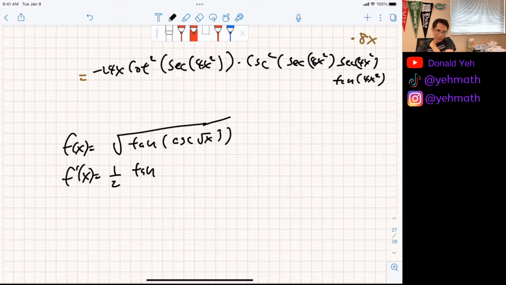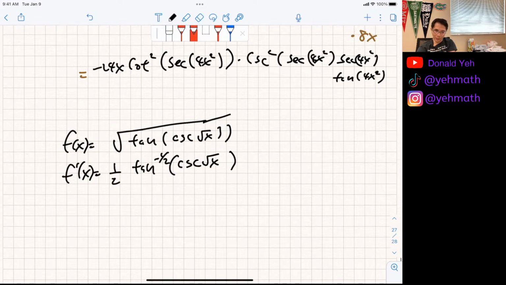So I'm just gonna take a derivative really quickly. So 1/2 to the negative 1/2 of CSC square root x, and I'm gonna take a derivative of the tangent, so it'll be secant square of CSC of square root x.